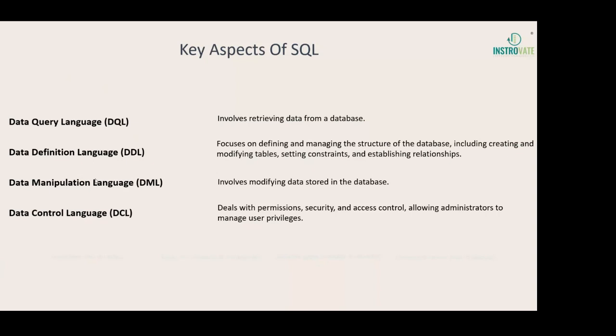So we can modify with the help of DML the data which we have stored in the database. And data control language deals with permissions, security and access control, and it allows administrators to manage user privileges. Okay, let's move forward.